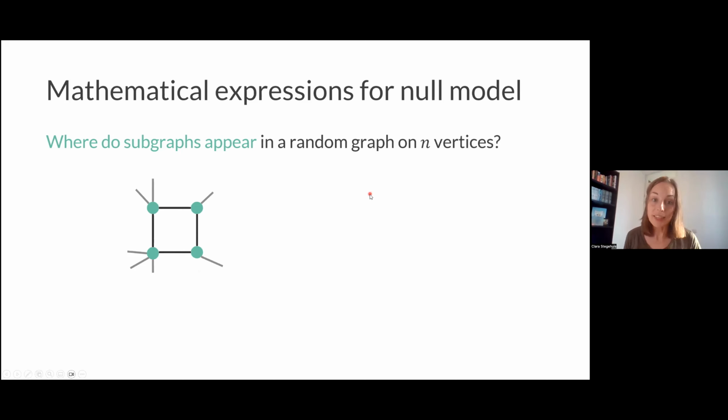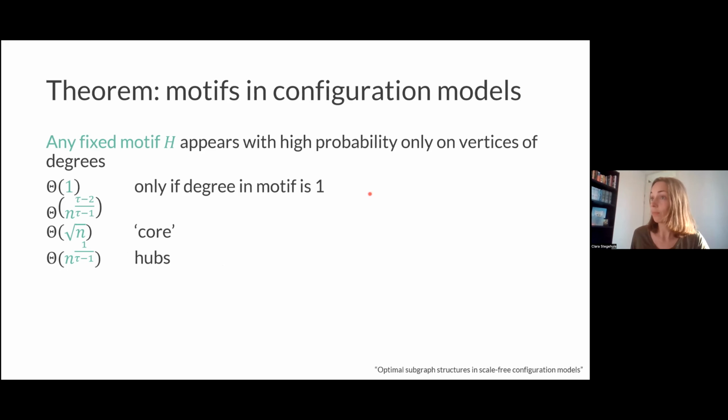And it turns out that in very large networks, you can almost predict, if I find a square, what the degrees of the nodes that form the square are. And the same holds for other types of motifs or subgraphs. So it seems that in null models, there are very specific locations in the network where you'll find these subgraphs. We could actually prove this.